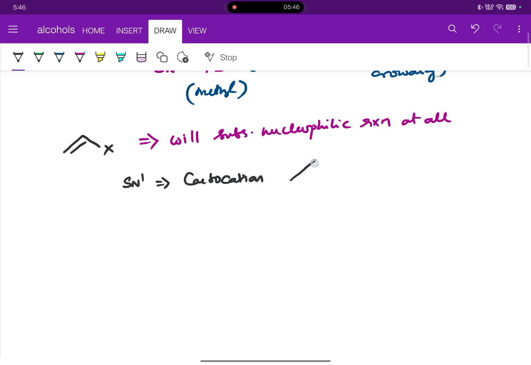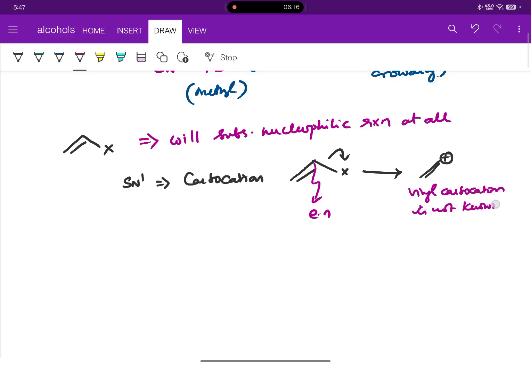So vinyl carbocation is never formed, isn't it? Why is vinyl carbocation never formed? Because this carbon is also electronegative. How will an electronegative atom give away the electron? So vinyl carbocation is not known because of a simple reason. This is an sp2 carbon, and an sp2 carbon is quite electronegative.